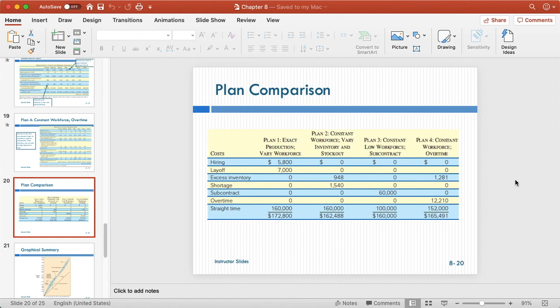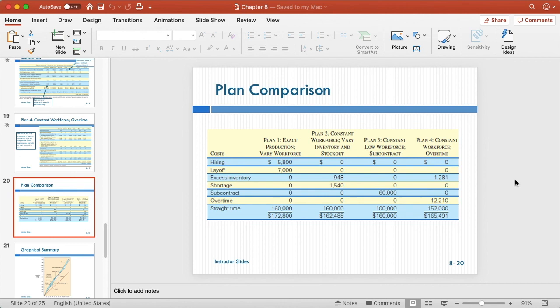But no matter what type of cost we incur, our target is the same. We're trying to calculate the total cost and figure out which plan will give us the lowest total cost. That's the plan that we should go for. Here, obviously, it's plan 3. In this context, plan 3 is the best one.